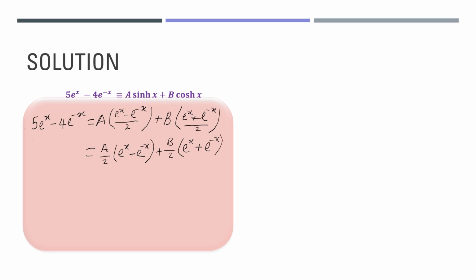Let us expand the brackets. So we're going to have a over 2 e^x minus a over 2 e^(-x) plus b over 2 e^x plus b over 2 e^(-x).